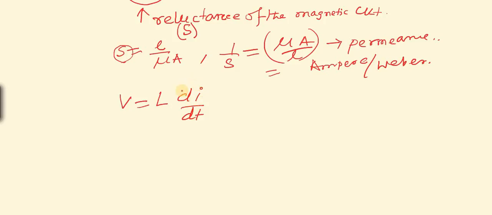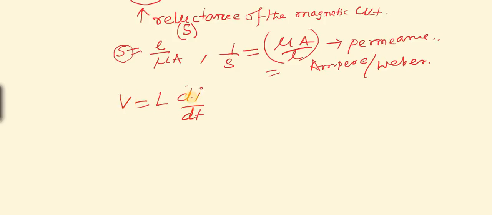When this current reaches a steady state value, that means the current remains constant over time, in that case this term vanishes. That means the voltage is nil.